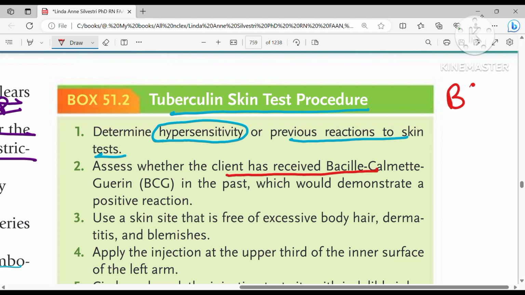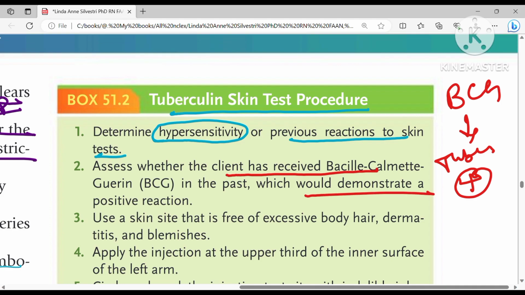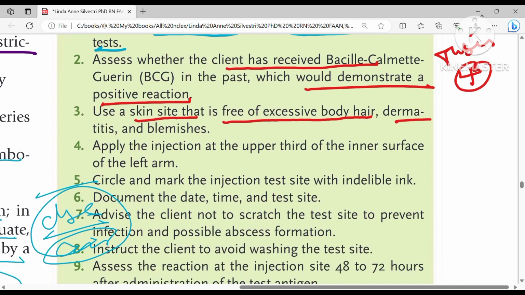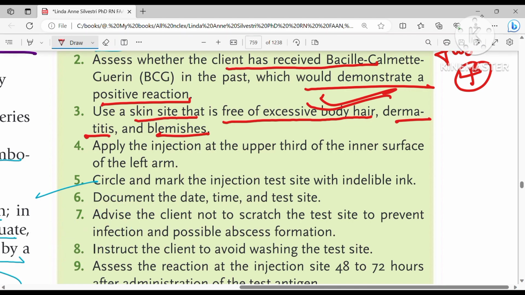If the patient has received BCG, then this tuberculin test will come positive, which would demonstrate a positive reaction. Use a skin site that is free from excessive blood, body hair, dermatitis or blemishes. So we should use skin that is smooth and clear, with no body hair and no dermatitis.